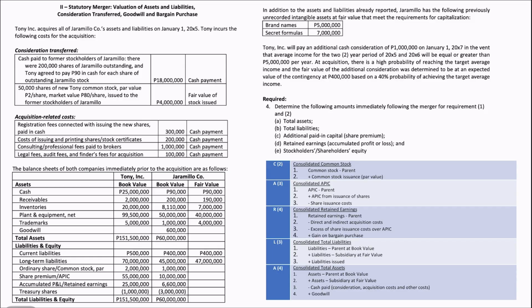First, we take the common stock of the parent, which is 2 million. And then we add the par value of the common stock issued. That's 50,000 shares times 2 pesos per share, 100,000. This gives us a consolidated common stock of 2,100,000.